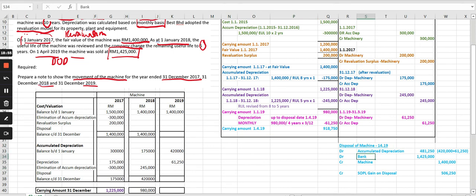So 1425 here, and the machine that was disposed, the amount that is at the machine account was 1.4 million. So that also must be eliminated or being removed, right? So you eliminate also the cost, you eliminate the accumulated depreciation, and that will give you the gain on disposal of 506,250.